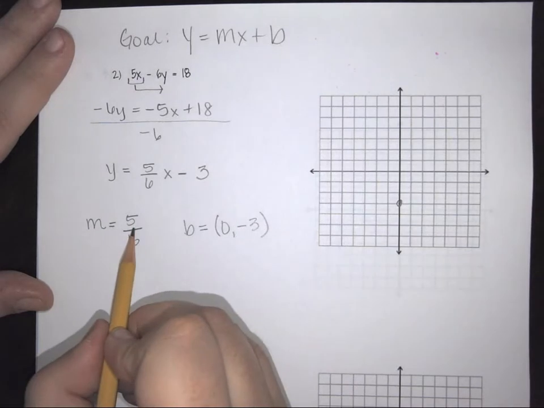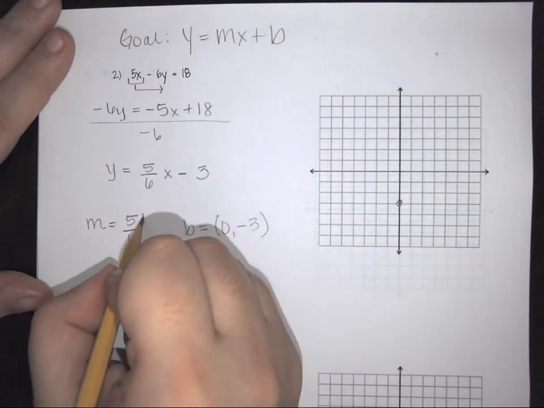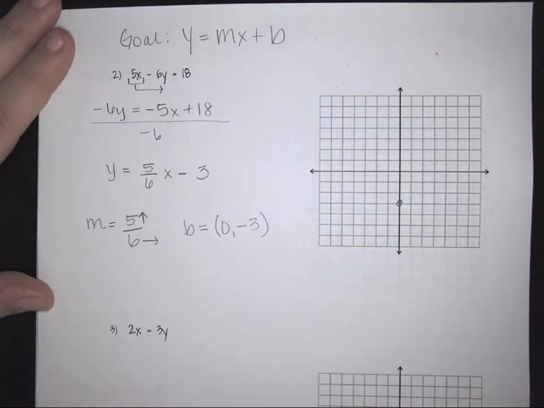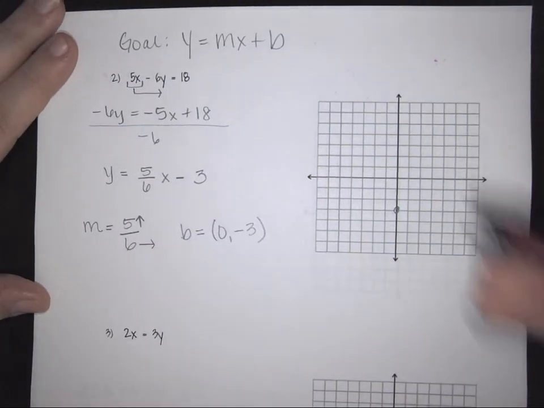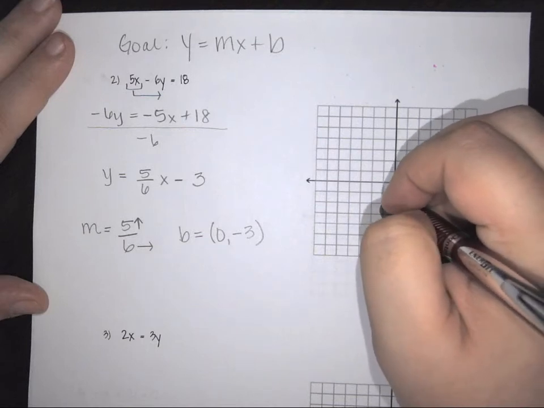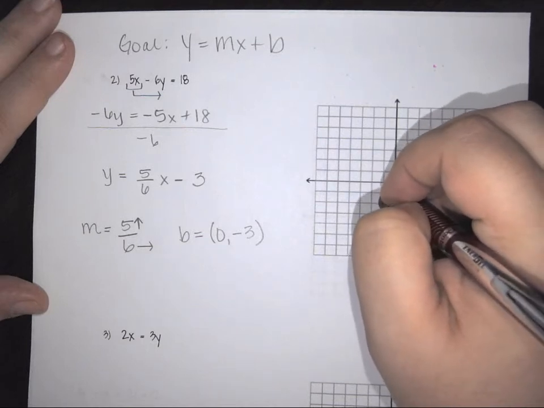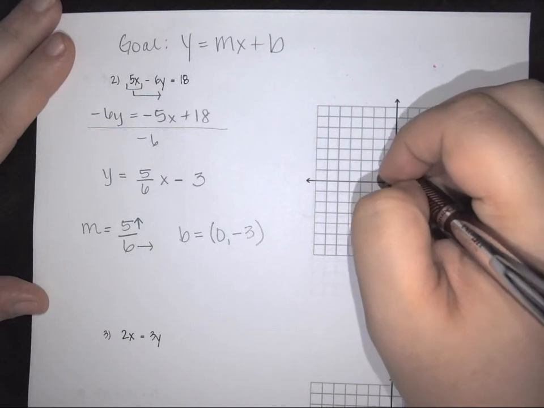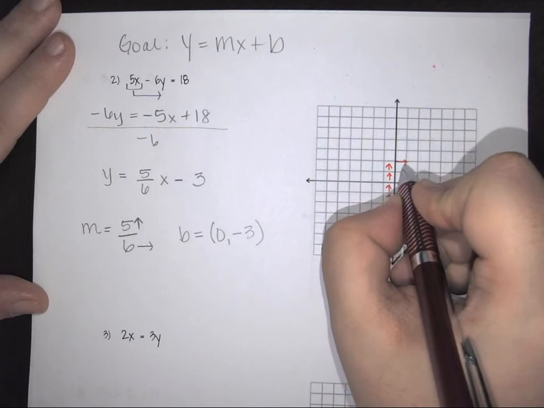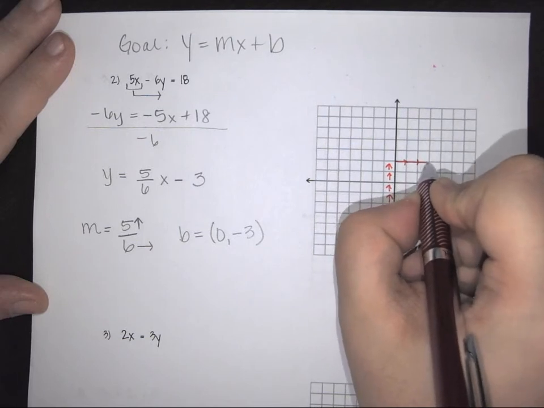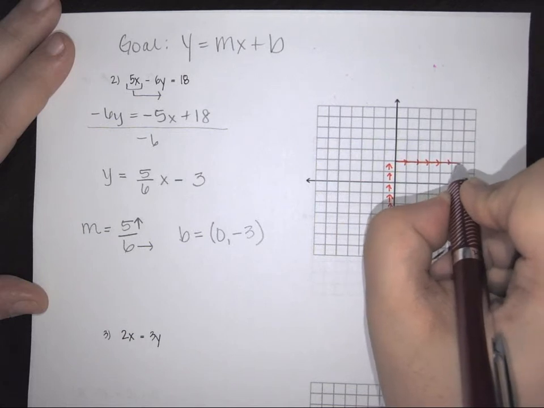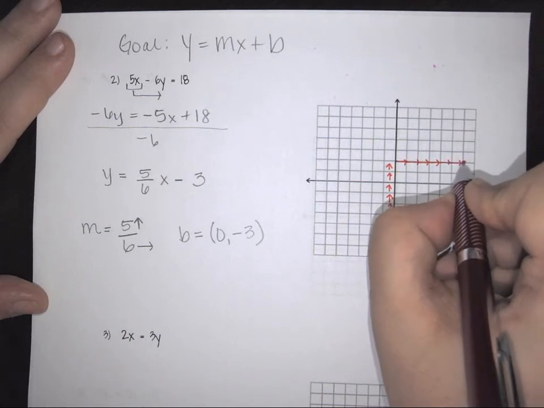And then in this case I'm going to go up 5 and I'm going to go to the right 6. So I can look at what that looks like. So here we've got 1, 2, 3, 4, 5, and then we're going to go 1, 2, 3, 4, 5, 6, puts me right here.